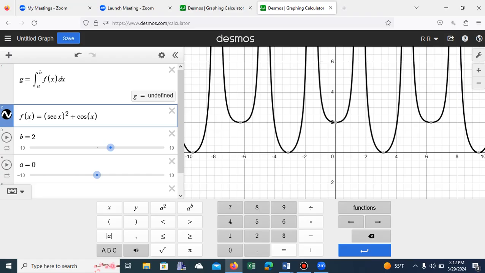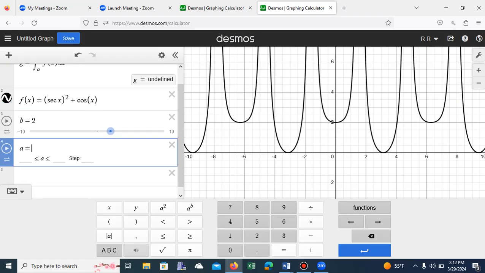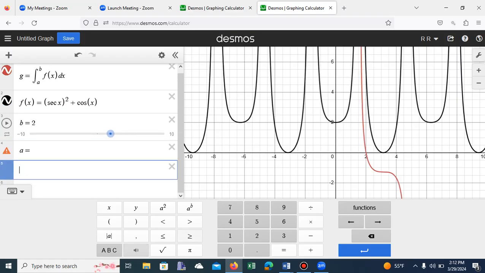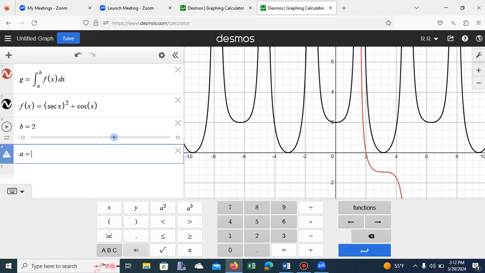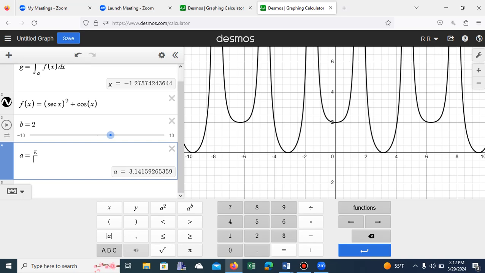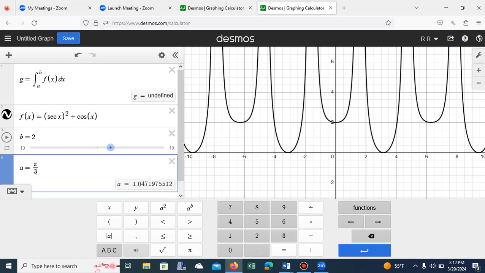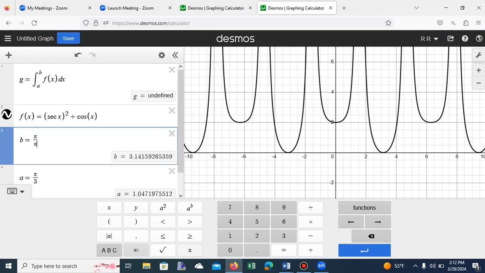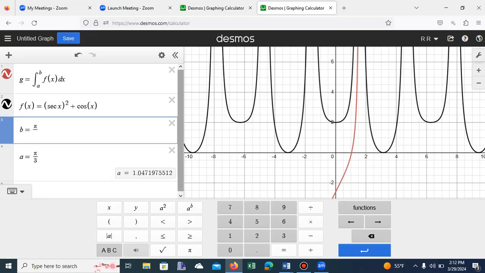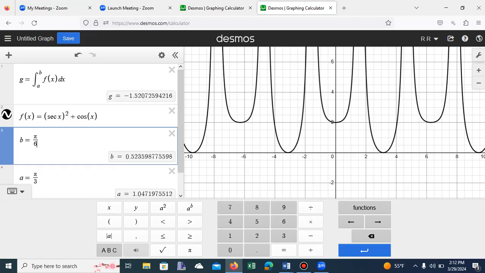Again, if we are over pi divided by 3, well, there you go, pi by 3 to pi by 6. We get a value here.